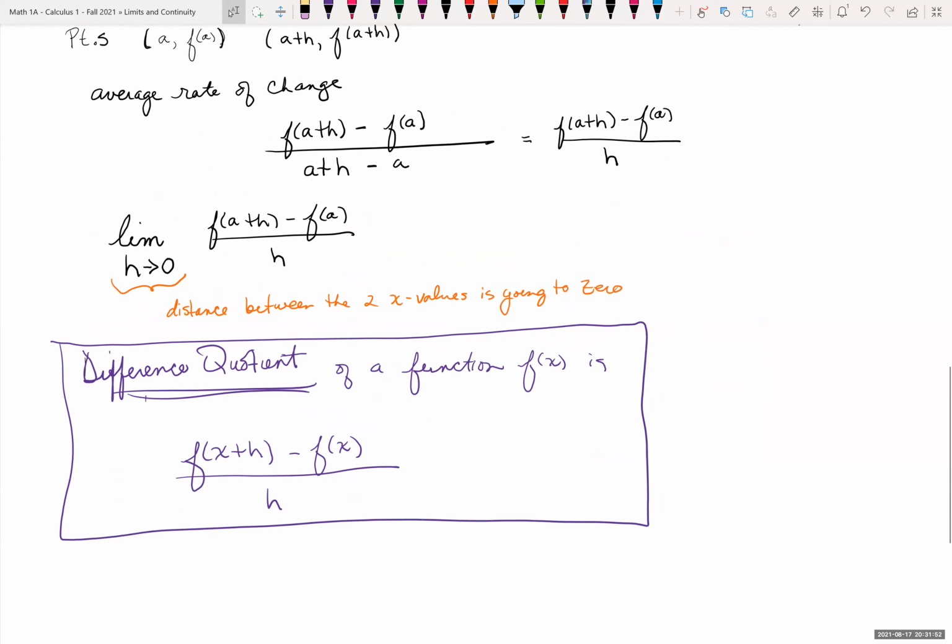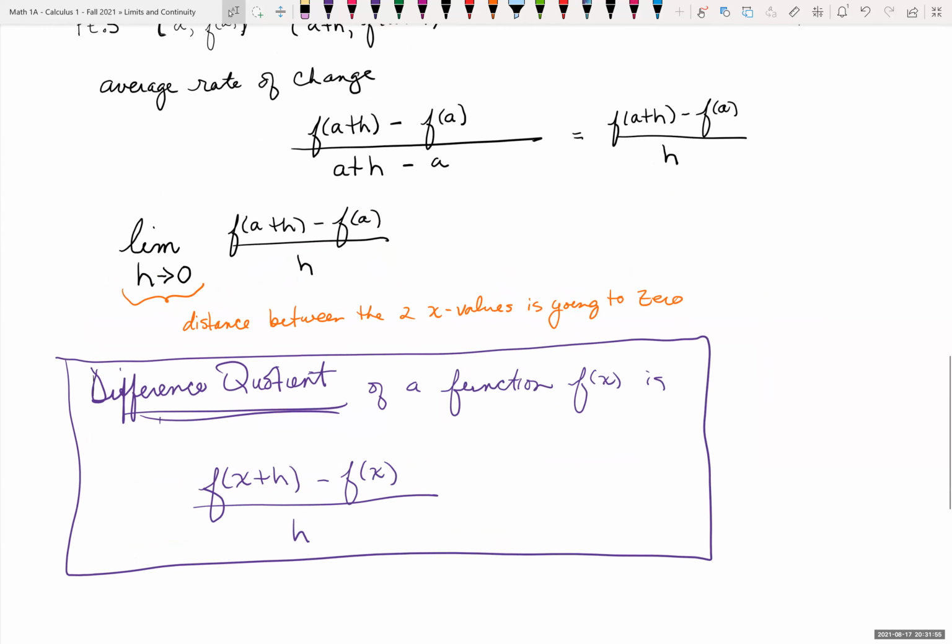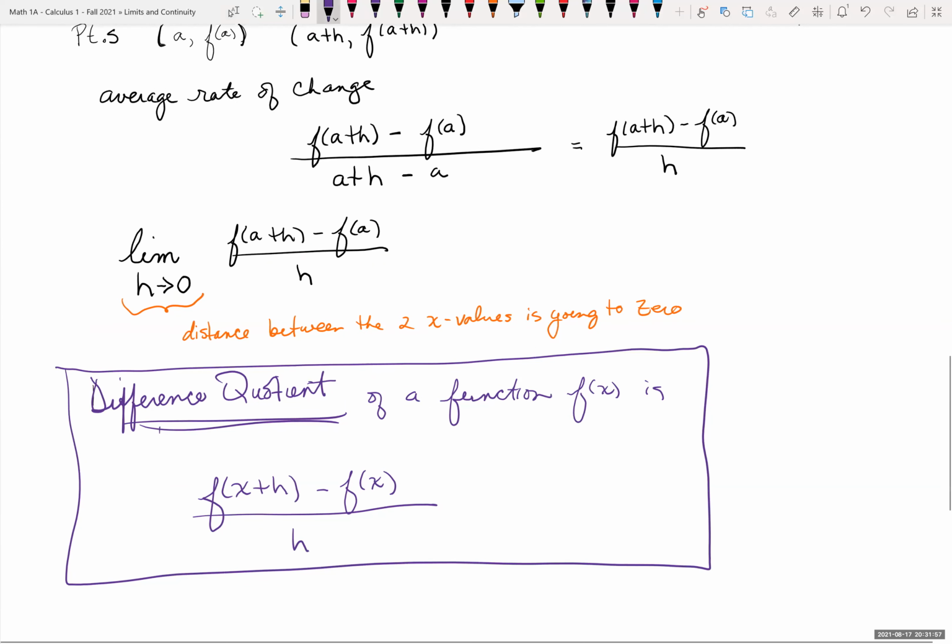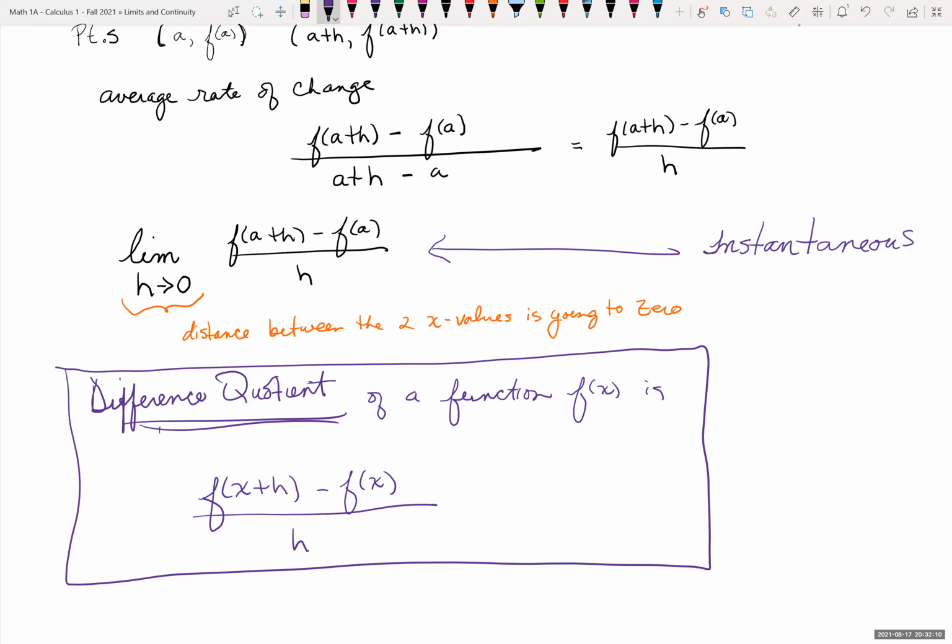The other thing I just kind of want to state right now, and we're going to get more into detail about this, is that this is giving us the instantaneous rate of change at x equals a.